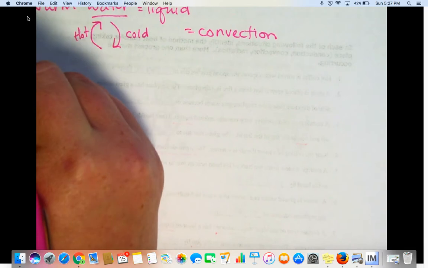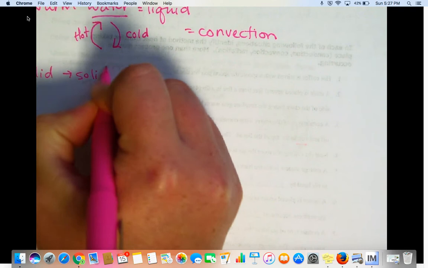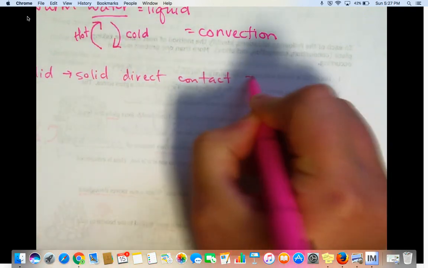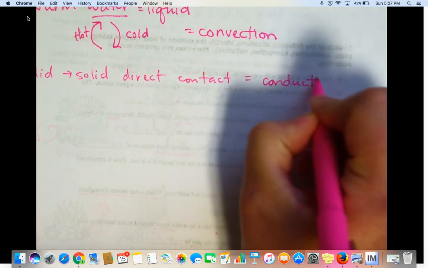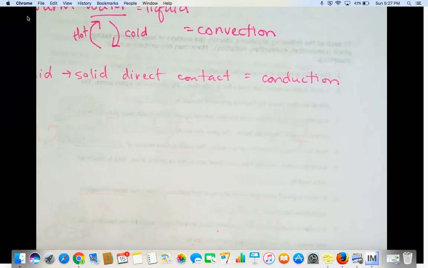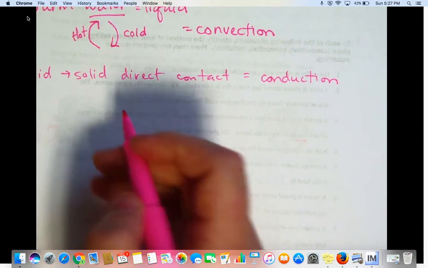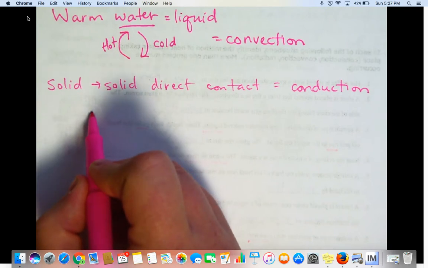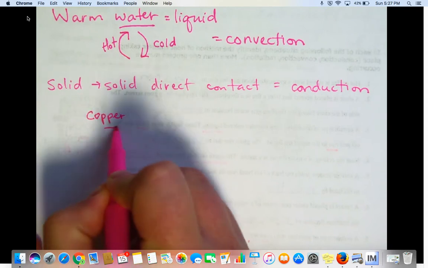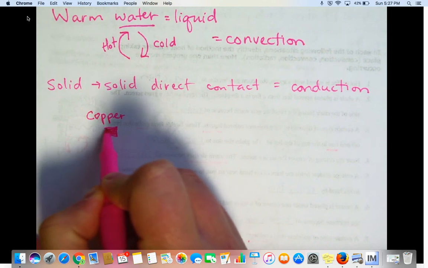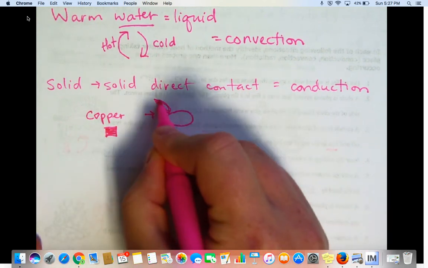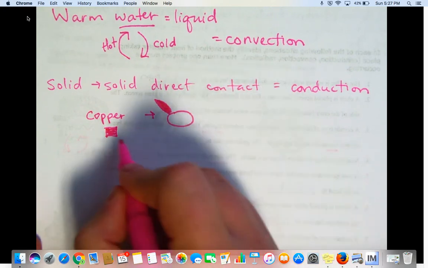And so I go through this thought process. Solid to solid, direct contact is what? Conduction. And then even just to help me, I make this visual image, right? I don't know what copper looks like, right? Most people just don't know what copper looks like, but just draw a picture. So label it, copper. We'll just imagine it looks like this, right? Copper and my pan. And I know that these 2 are what?